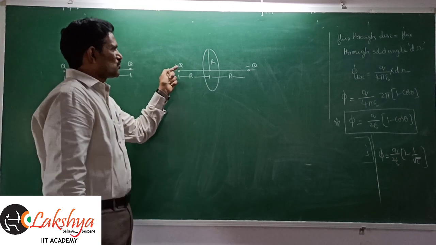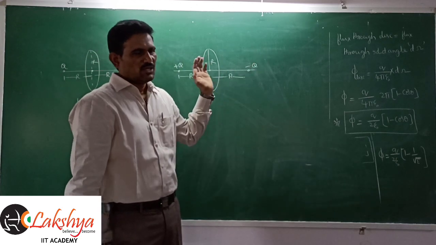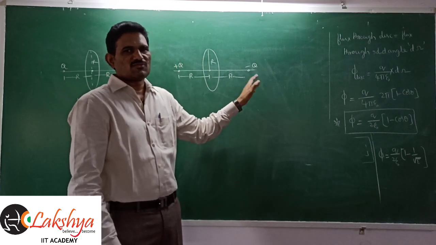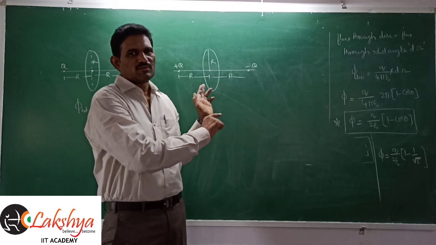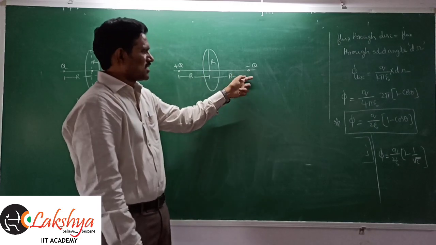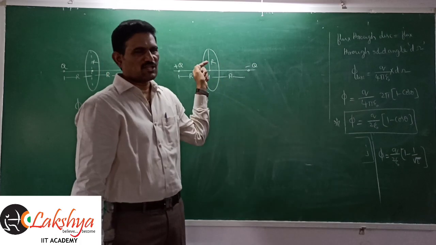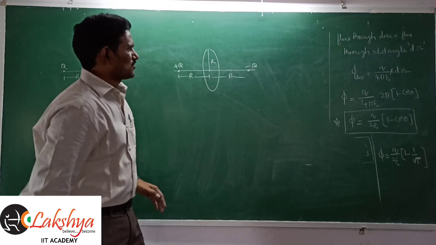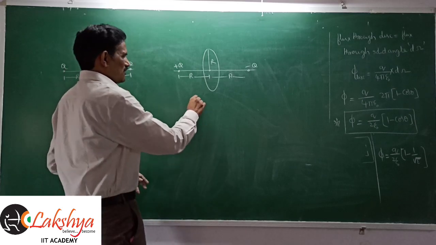But here the flux due to this positive charge will be from left to right, and the flux due to this negative charge is also from left to right, because it is a negative charge. Negative charge in the sense the electric field lines will be towards the charge, so it is also crossing from left to right only, and so both fluxes are in the same direction, to the right.